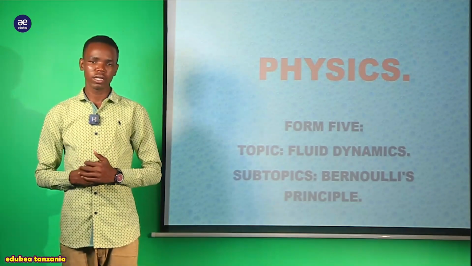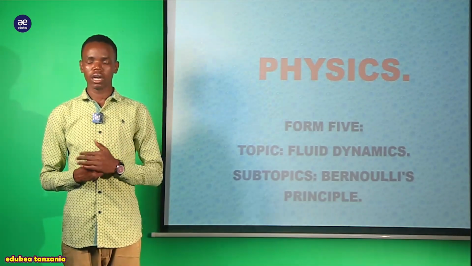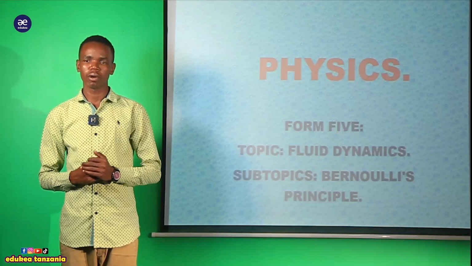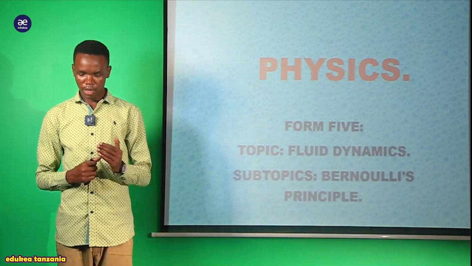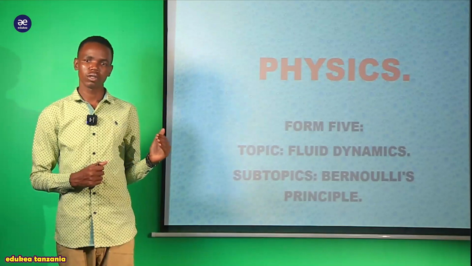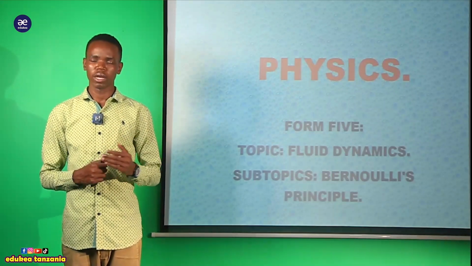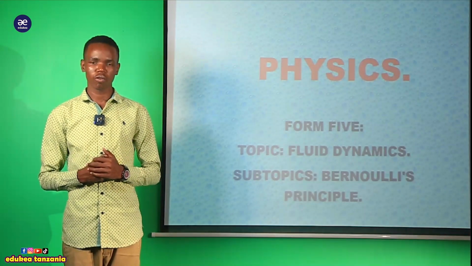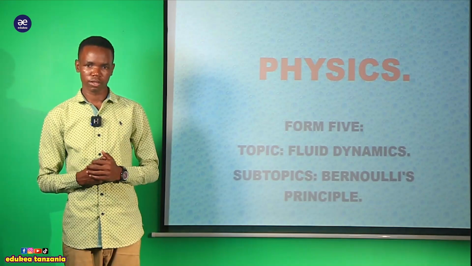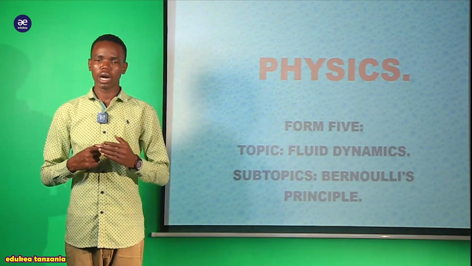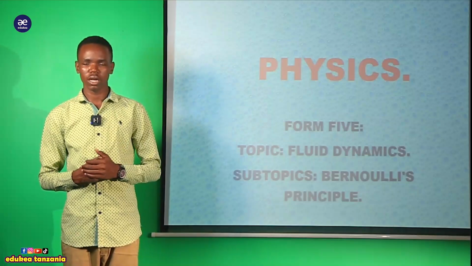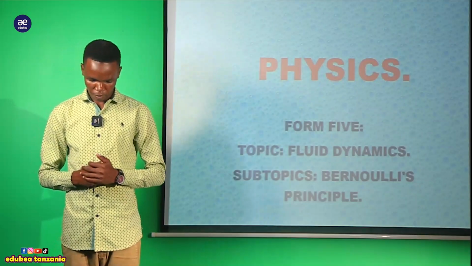Before we proceed, we need to remember where we ended in the last session. In the last session, my dear student, we tried to explain some applications of Bernoulli's principle, the way we can derive it and the places where it can be applied.